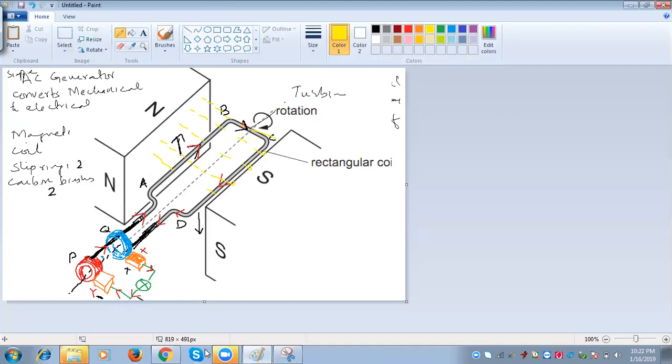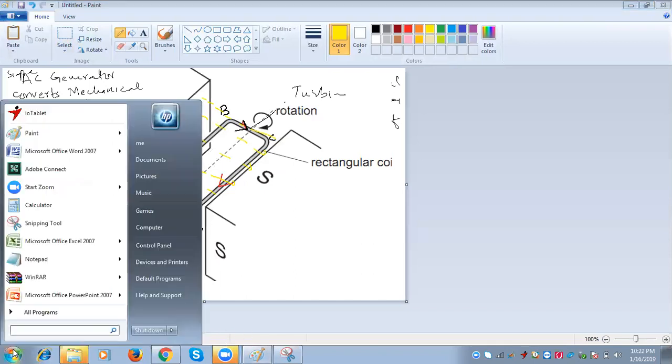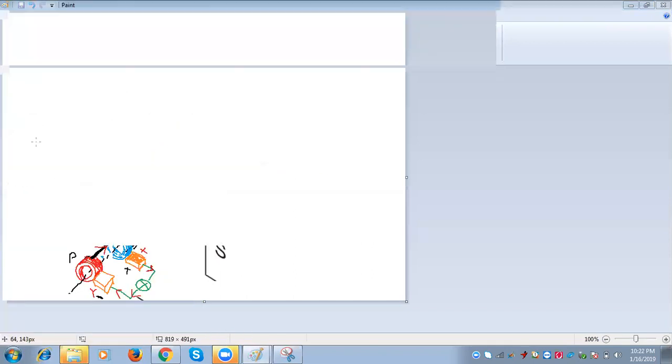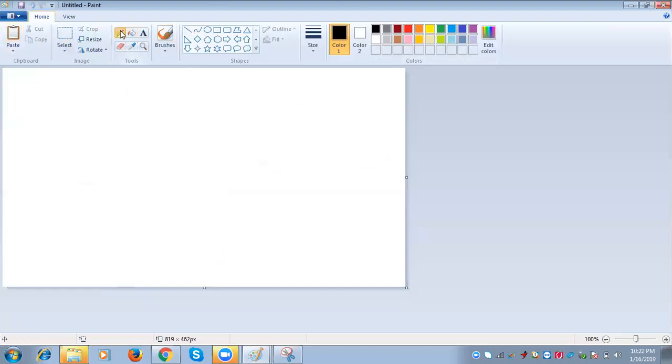Then the coil becomes vertical, and when the coil becomes vertical, what will be the situation? Let me go to the other. Same. We will have north and south. But the coil now is vertical, like this.